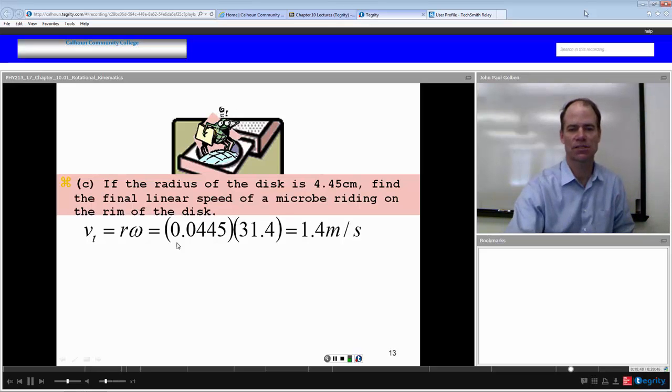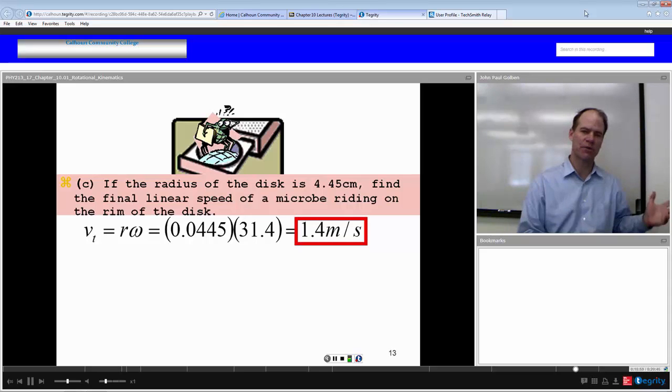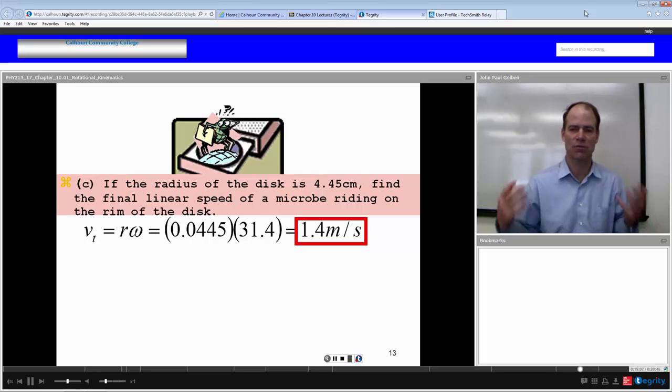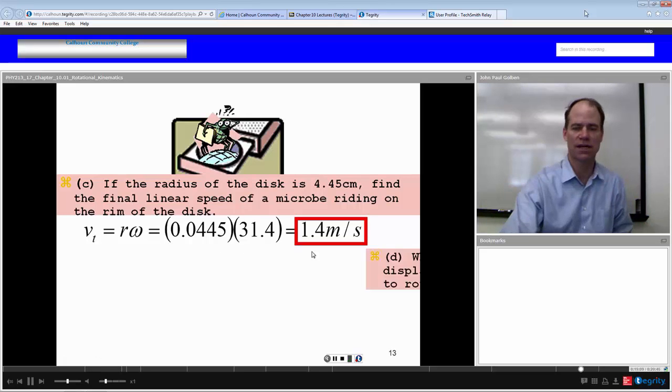So that's going to be the radius of 0.0445 meters times 31.4 radians per second, which gives us 1.4 meters per second. We kind of dropped the radians out of the units there because it really is a unitless quantity. So we don't say 1.4 meter radians per second, we just say 1.4 meters per second for a linear velocity.